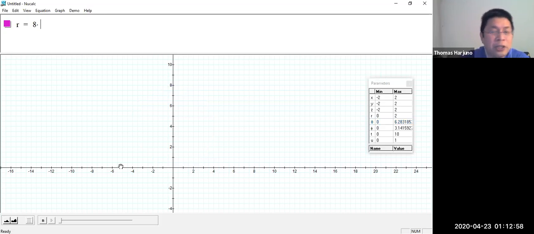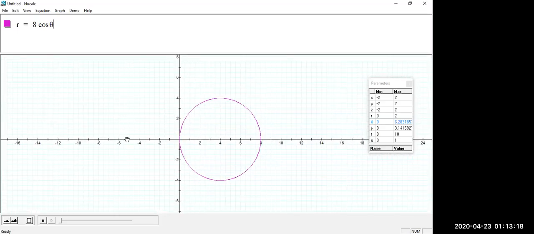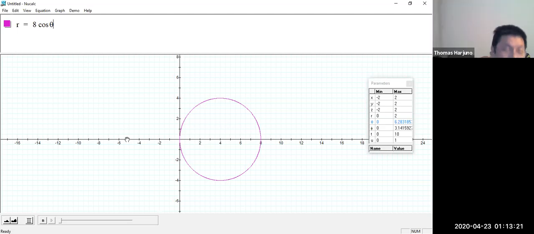Now, if I change this to cosine, the radius will still be 4, which is actually half of that A. You are with me on my graphing software, right?